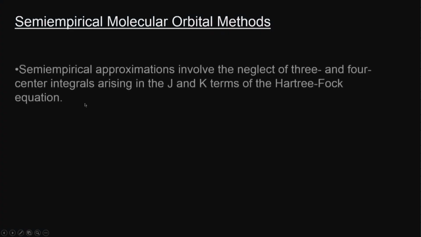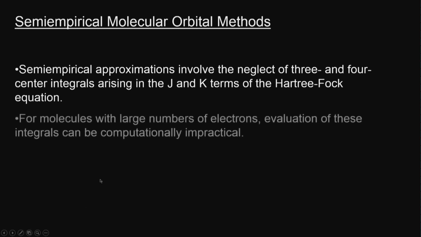So the molecular orbital methods, most of the semi empirical methods are based on molecular orbitals. It approximates by neglecting 3 and 4 center integrals in the J K terms of the Hartree-Fock equation, okay. So some methods give certain parameters or certain equations to consider these 3 and 4 center integrals.